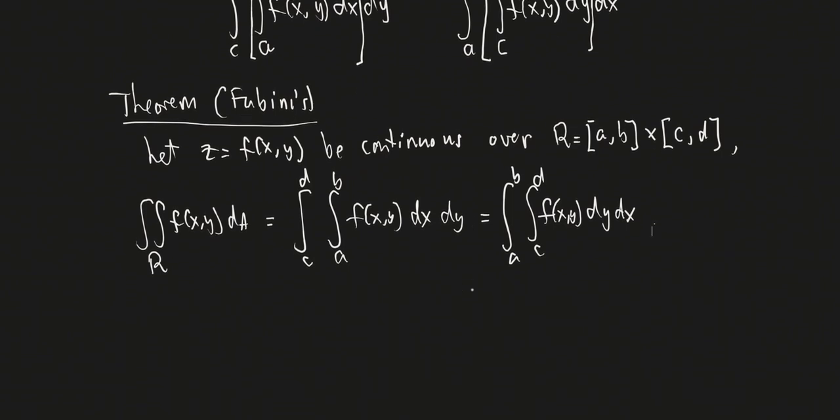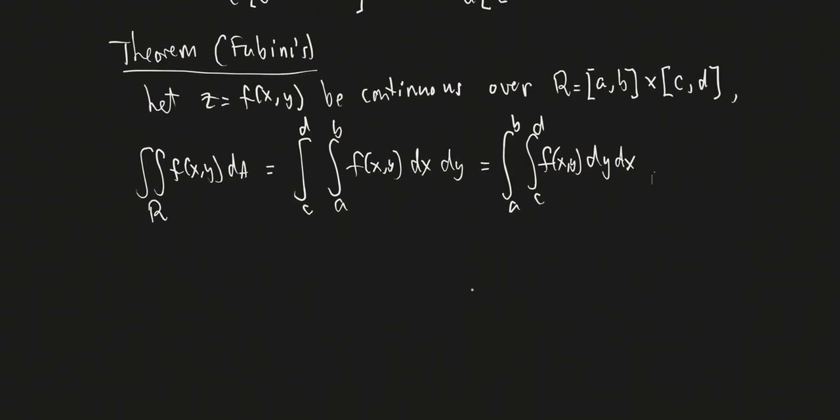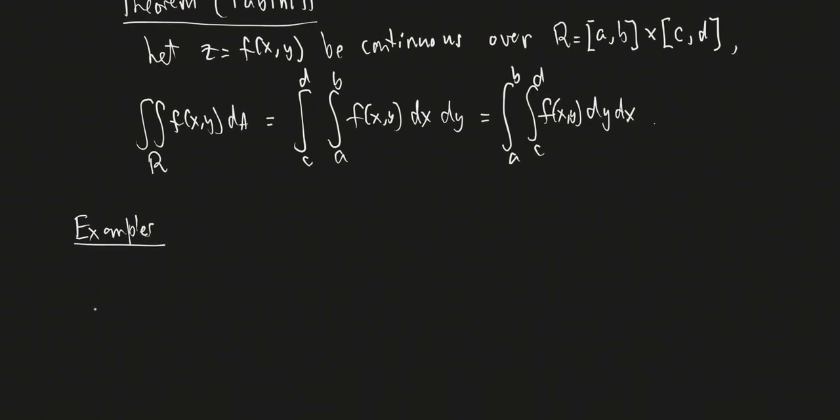All right, so let's see how this actually works and what we can do to actually compute this. So let's just do quite a few examples now. What we're going to be doing is computing all these double integrals, so there's nothing more to the question.